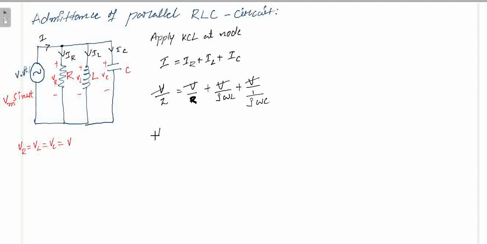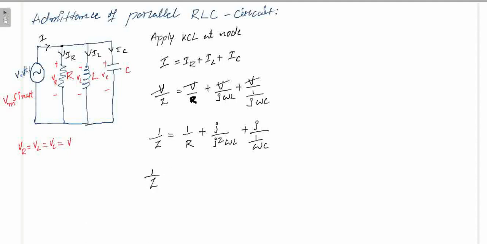Then here you are going to get 1 by Z is equal to 1 by R plus, if you multiply j in the denominator and numerator, you will get j by j square omega L. This j goes to the upper side, j by 1 by omega C. Here j square is minus 1.